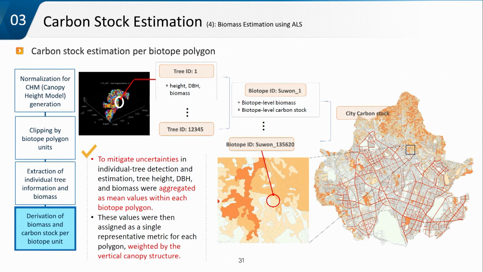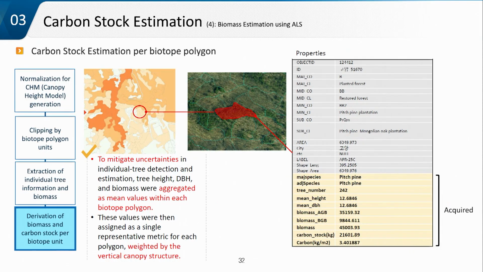And lastly, we put one number for each item, I mean DBH and height and biomass, into one built-up polygon. So we do not input the raw or individual tree-based information. There are a lot of accumulated uncertainties, but in this process we can reduce them by aggregation. As you can see, the representative mean numbers were used in the final official output.